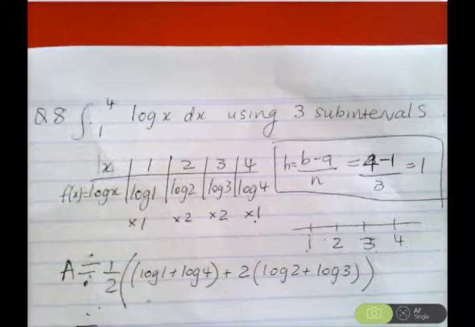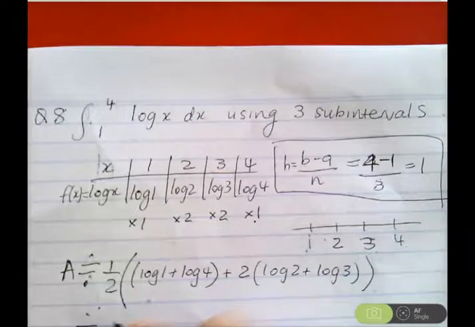So that's what you enter on your calculator. The reason we're using trapezoidal rule here is that you don't know how to integrate logs. Do you know the log button on your calculator? It says LOG, not LN.